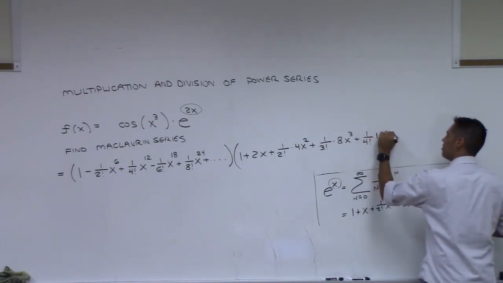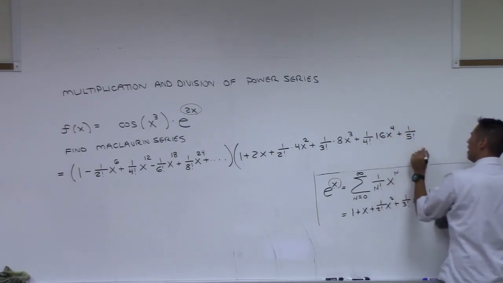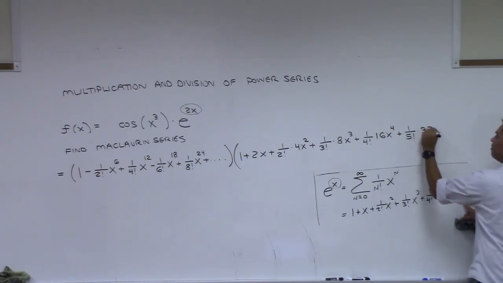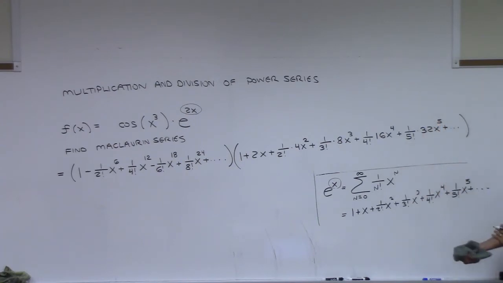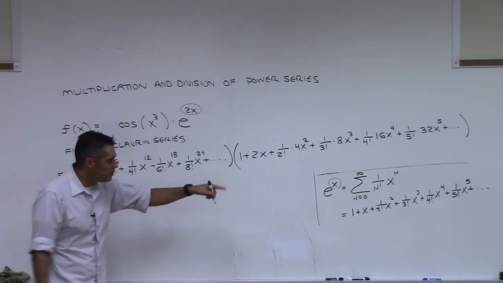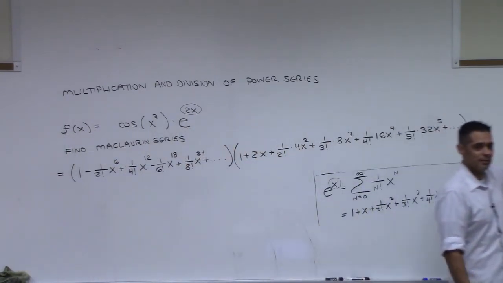Any questions? 1 over 5 factorial times 2x to the 5th, so 32x to the 5th, plus dot, dot, dot, close the parentheses. Any questions? Everyone understand where all that 2x, 4x came from?